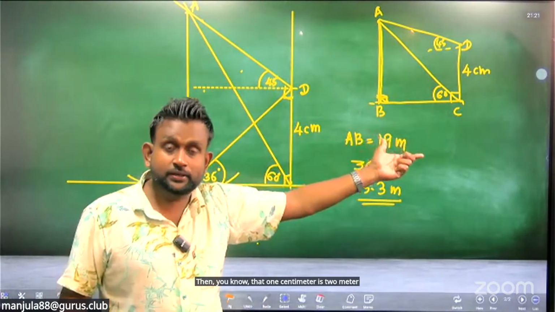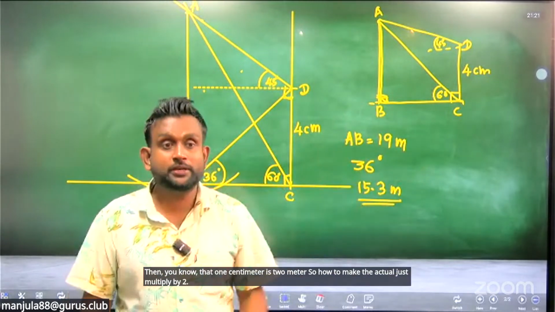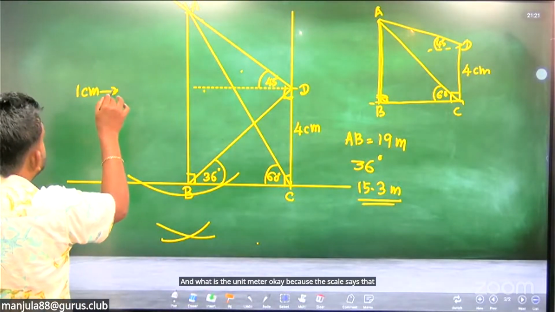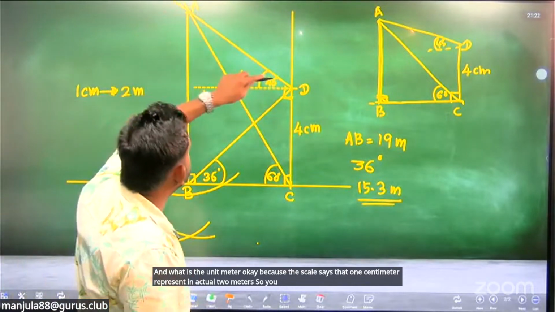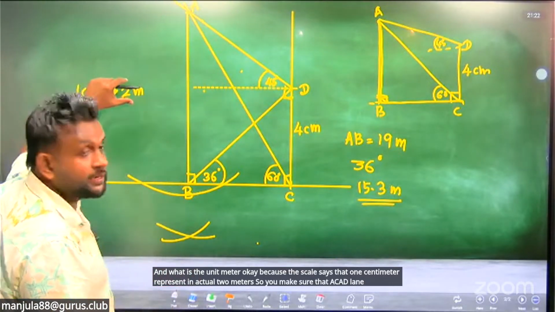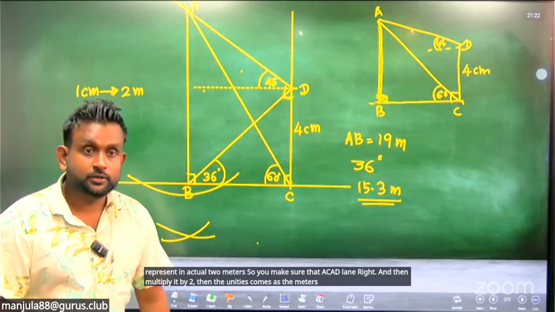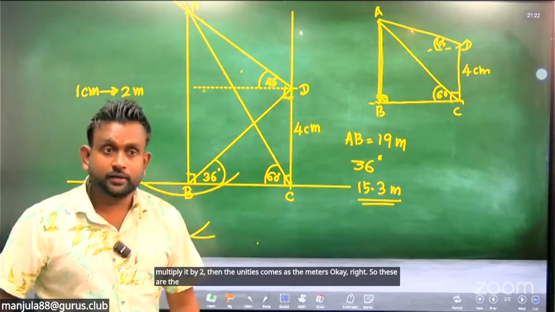So how to make the actual? Just multiply by 2. And what is the unit? Meter. Okay, because the scale says that 1 centimeter represents 2 meters in actual. So you measure that AD length, and then multiply it by 2. Then the unit comes as meters. Okay, right. So these are the answers approximately given.